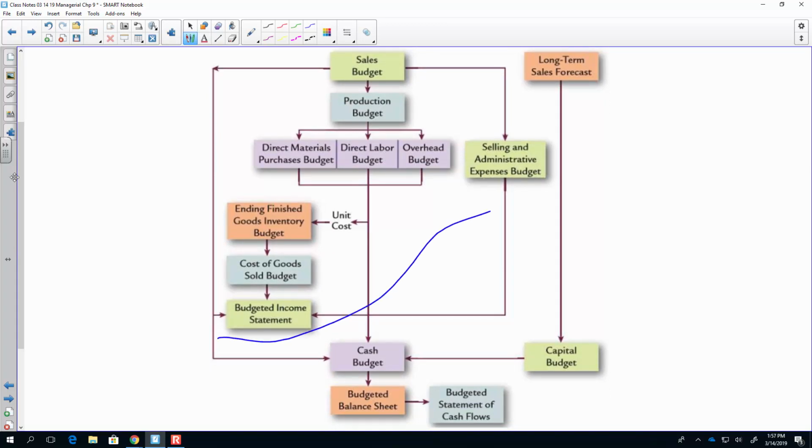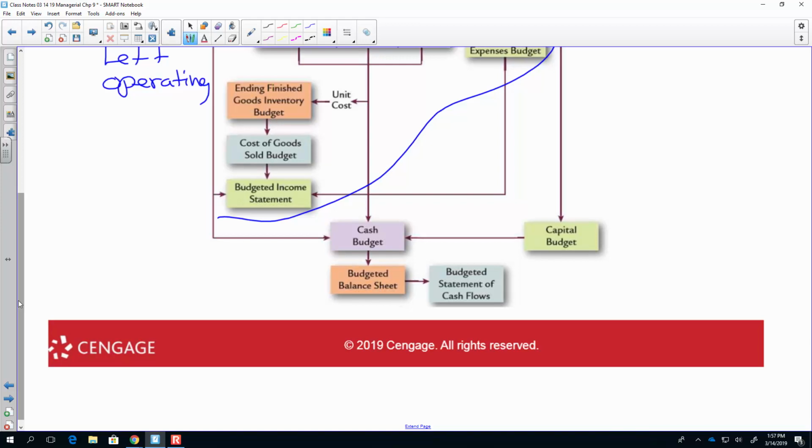Basically, the left side is operating budgets. The balance sheet and cash flow budget are the financial side. And this is all on page 458.